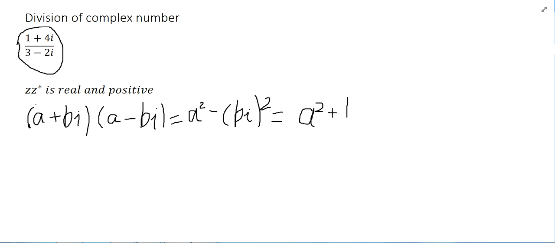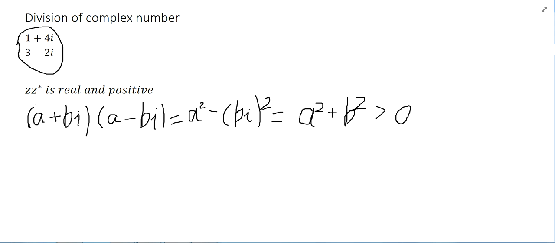We know that a and b are real parameters, so a squared is positive, and b squared is also positive. So the product of two complex conjugates is bigger than 0 and real.